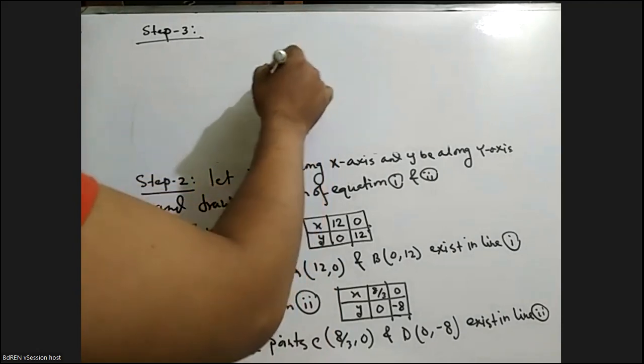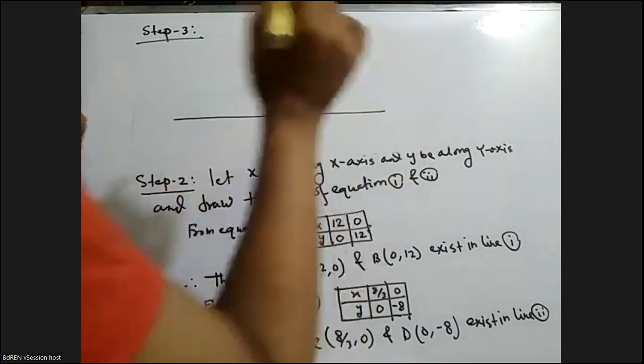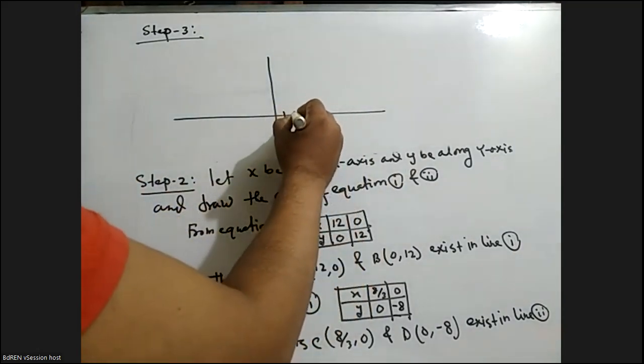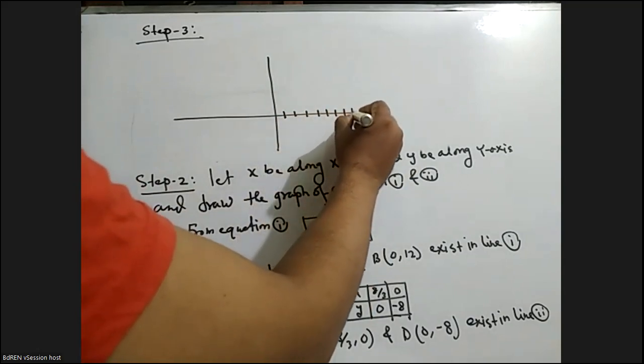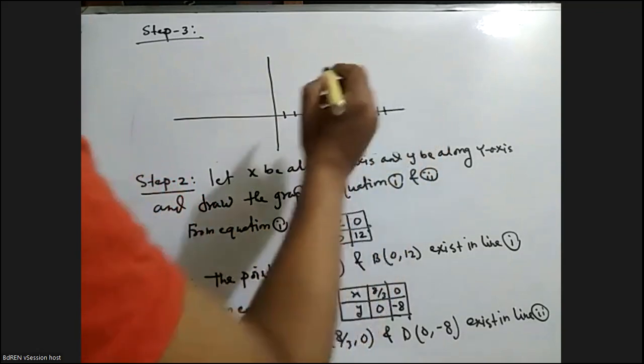Suppose we take this y-axis and this is the x-axis. What's the value? 1, 2, 3, 4, 5, 6, 7, 8, 9, 10, 11, 12, up to 12.